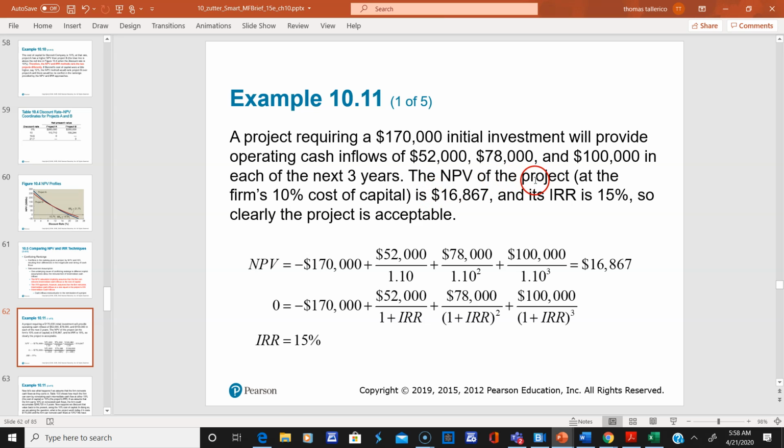The net present value of the project, which you can calculate either with Excel or by hand at a 10% cost of capital, is $16,867, and its internal rate of return is 15%. So the project is acceptable, right? Everything's greater than the cost of capital. This is positive, so everything's hunky-dory here. Everything looks real good, right? And you can get this internal rate of return again with Microsoft Excel.